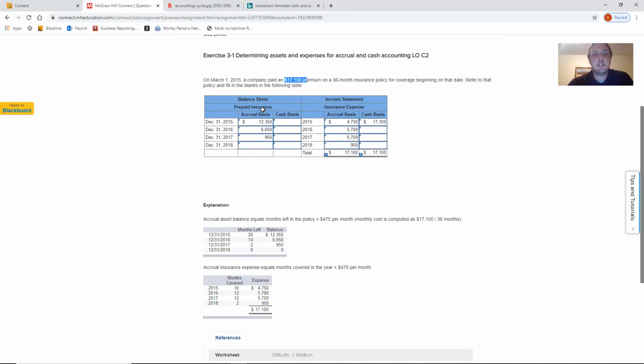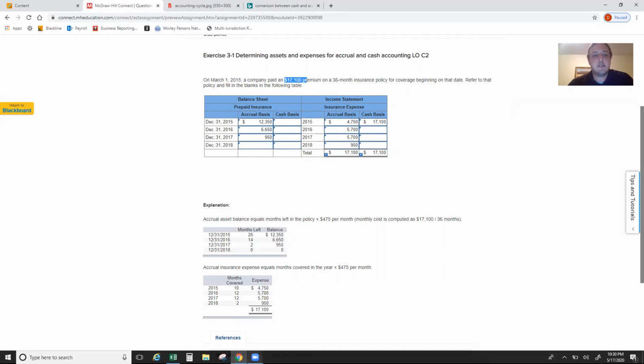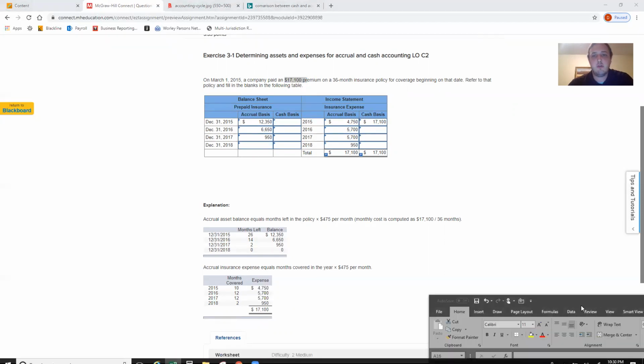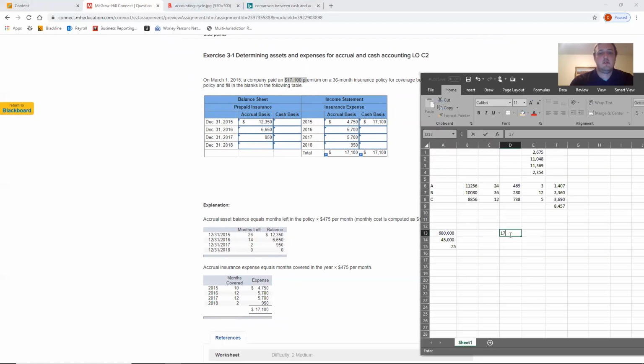If we are using the accrual basis, we start with 17,100. And it's a 36-month policy. So again, our monthly expense is $475. From March 1st to December 31st is a full 10 months. So the expense side of it is going to be 475 times 10.